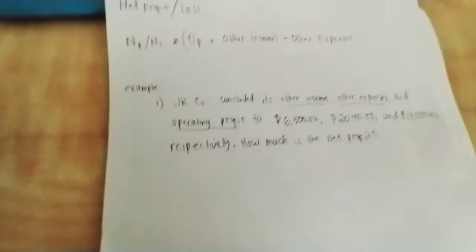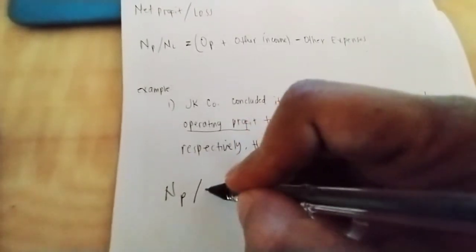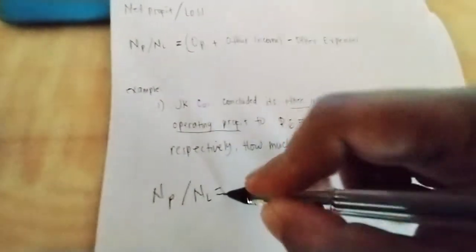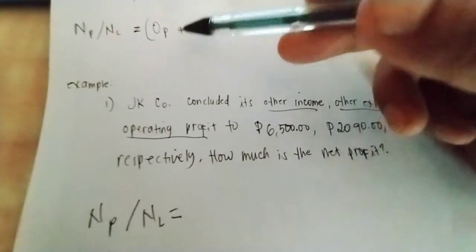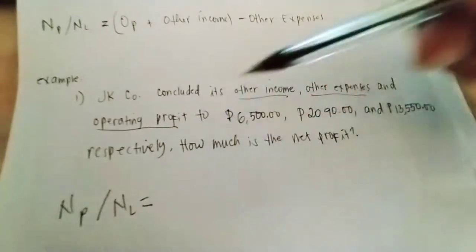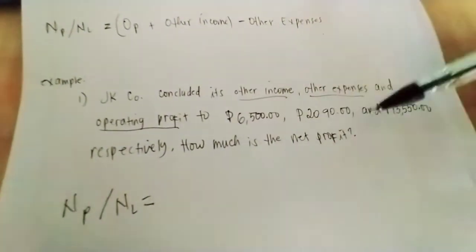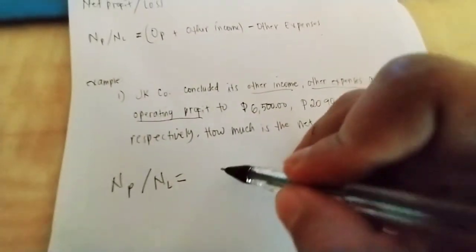So, let us compute the net profit or net loss is equal to operating profit. Ito yung operating profit natin. So, this is now operating profit. That is 13,550.